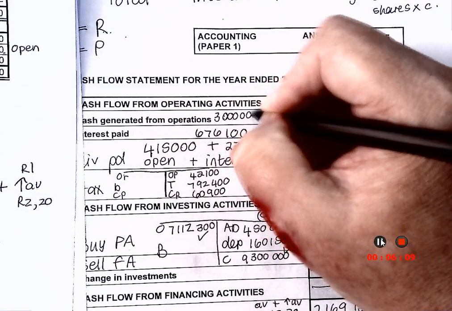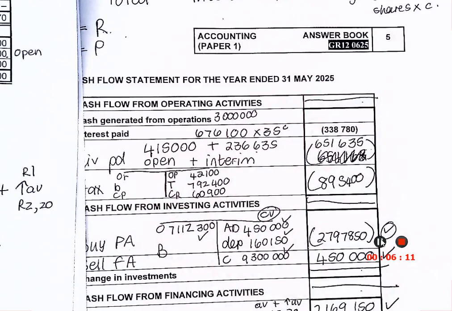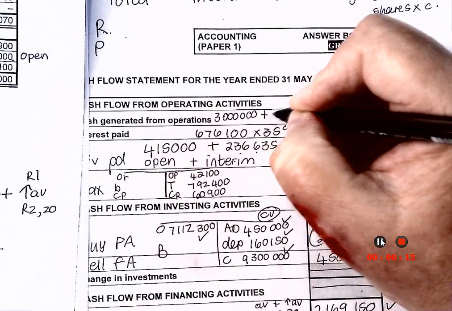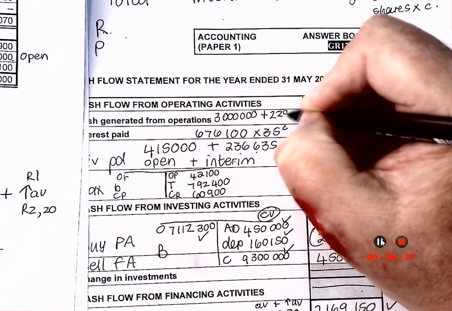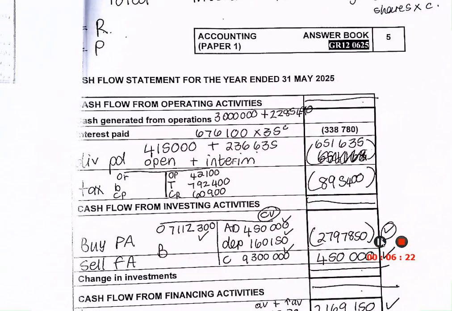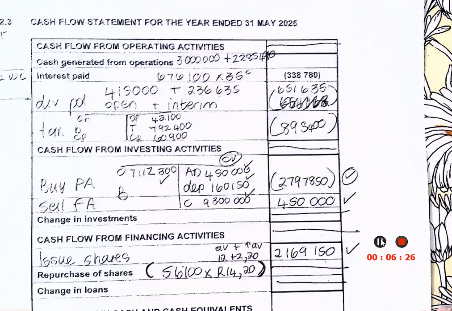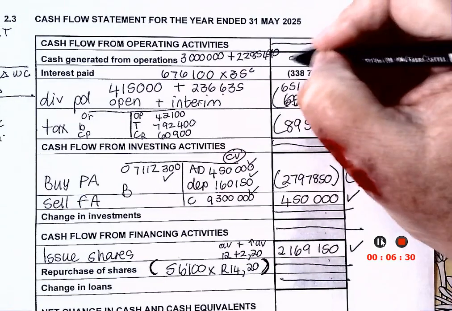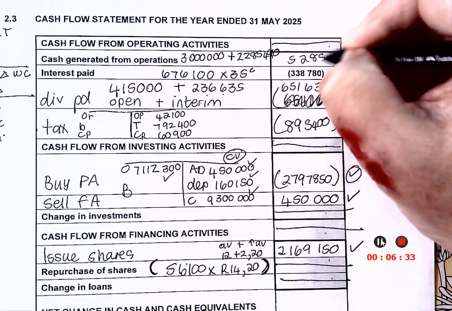And now it's an inflow of cash. You see? So you're going to add it. So that's going to give me 5,285,490.